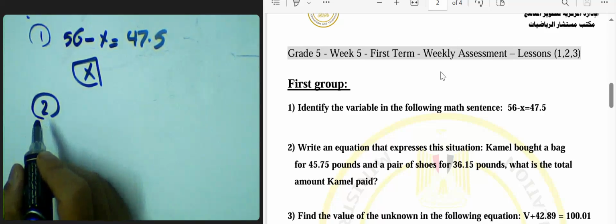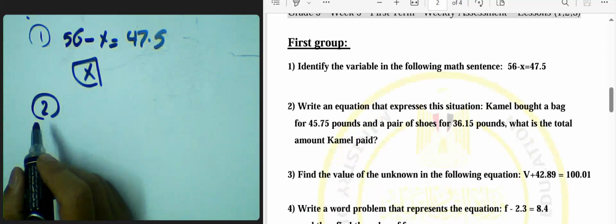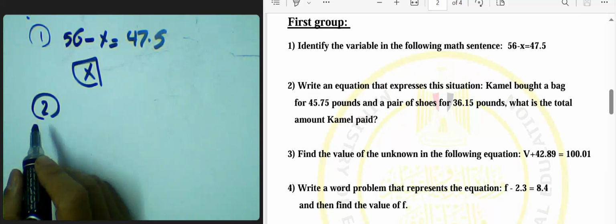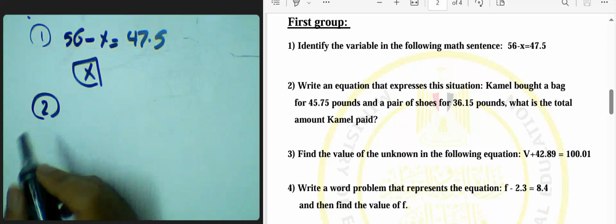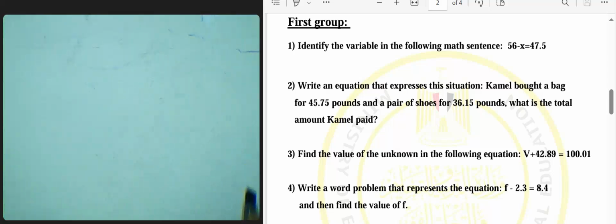Question number 2. Write an equation that expresses this situation. Kemal bought a bag for 45 and 7,550 pounds and a pair of shoes for 36 and 15 pounds. What is the total amount Kemal paid?